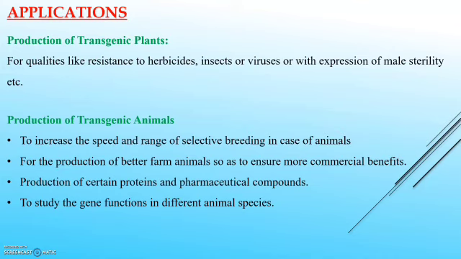Another commercially important use of transgenic animals is the production of certain proteins and pharmaceutical compounds. Transgenic animals also contribute to studying gene functions in different animal species. Biotechnologists have successfully produced transgenic sheep, pigs, rats, and cattle.